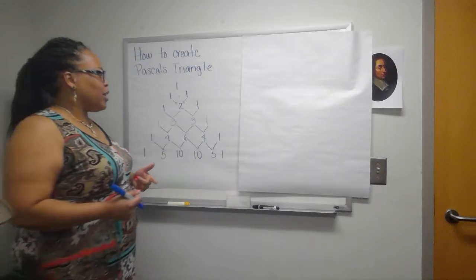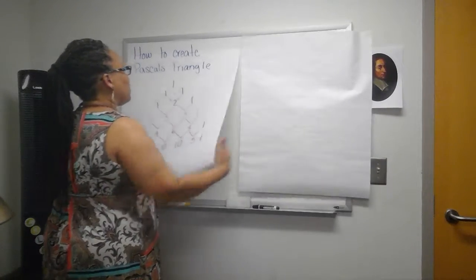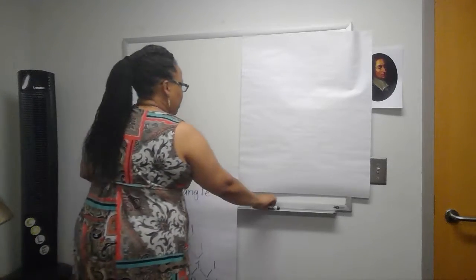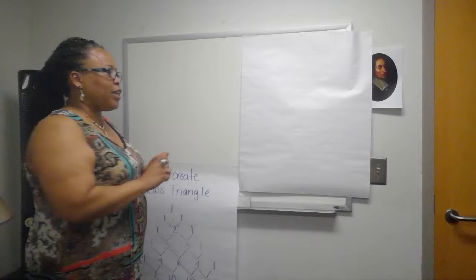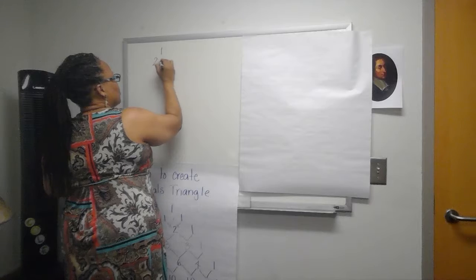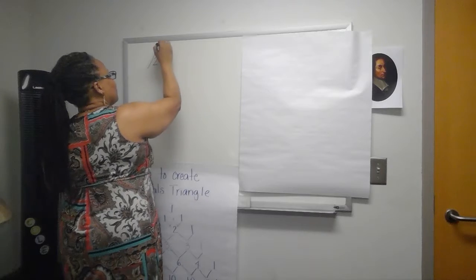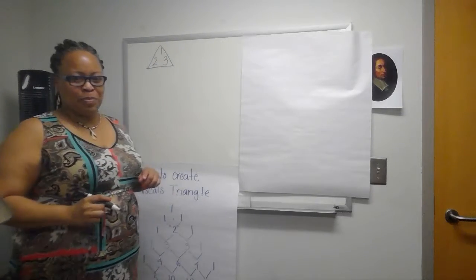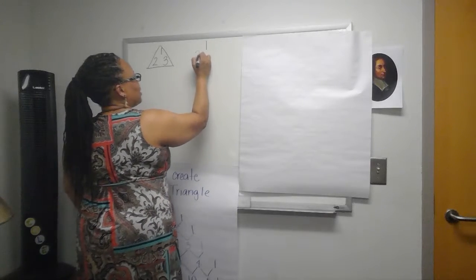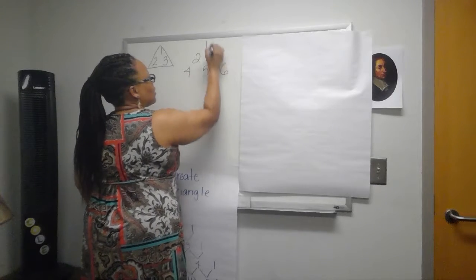The reason why we call them triangular numbers is, if you look at a triangle, I'm going to move this over for a second. Triangular numbers are the numbers that create a triangle when listed. So we have 1, 2, 3. That is a triangular number because it creates a triangle. The next one would be 6: 1, 2, 3, 4, 5, 6.